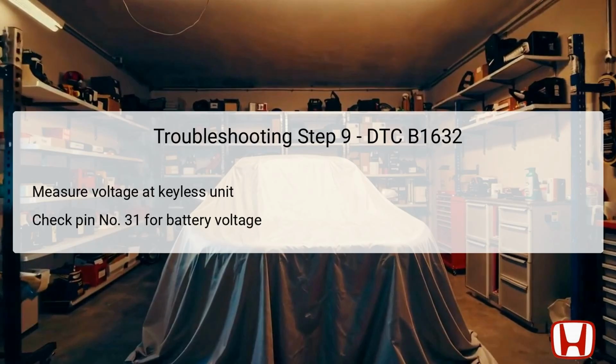If battery voltage is detected at this terminal, it suggests that the electric steering lock may be faulty, leading to the DTC B1632. However, if there is no voltage present, this indicates that the keyless access control unit itself may need to be replaced, as it could signify an internal fault preventing normal operation.